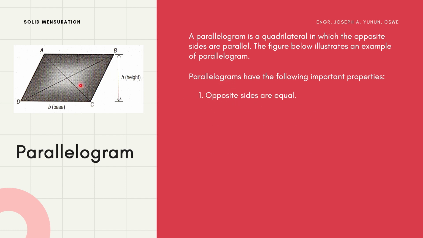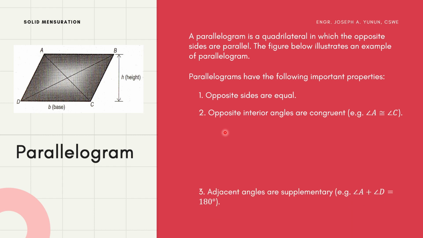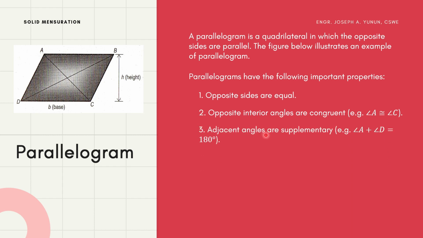Opposite sides are equal: AD and BC are equal in length, and CD and AB are also equal. Opposite interior angles are congruent. An example is angle A and angle C, they are equal in value, similarly with angle B and angle D. Adjacent angles are supplementary.